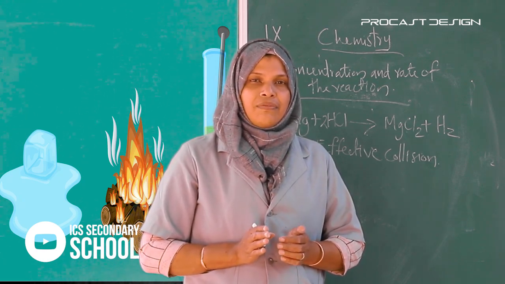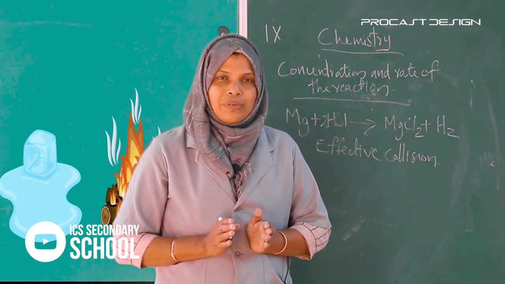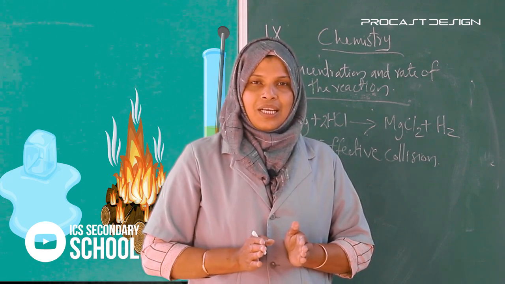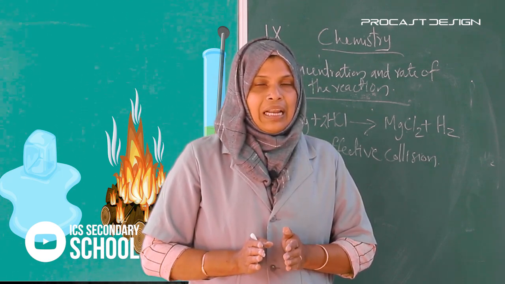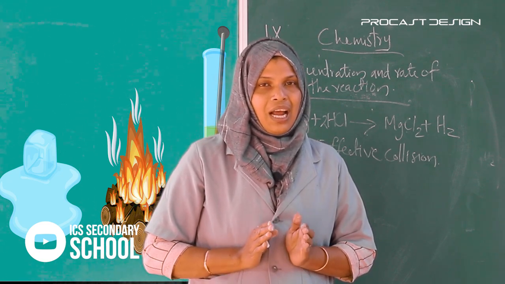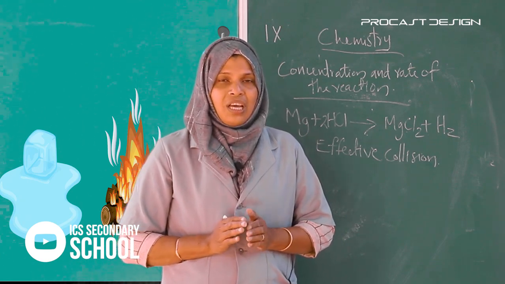A much faster, greater reaction will occur in the first test tube containing concentrated hydrochloric acid compared to dilute hydrochloric acid. The test tube containing concentrated hydrochloric acid with magnesium undergoes a much greater reaction.